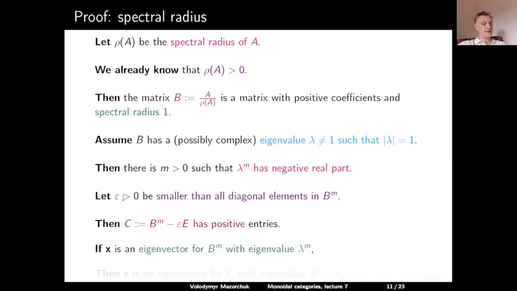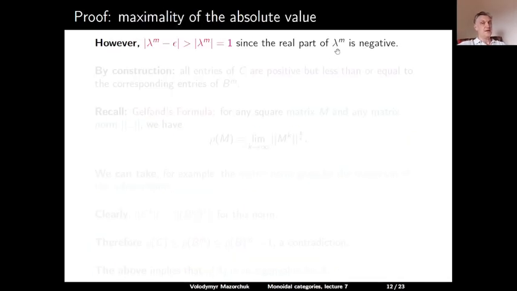If x is an eigenvector for B to the power m, with the eigenvalue lambda to the power m, which exists because lambda is an eigenvalue for B, then x is an eigenvector for C with the eigenvalue lambda to the power m minus epsilon, because of the definition of C. However, we know that the real part of lambda to the power m is negative.